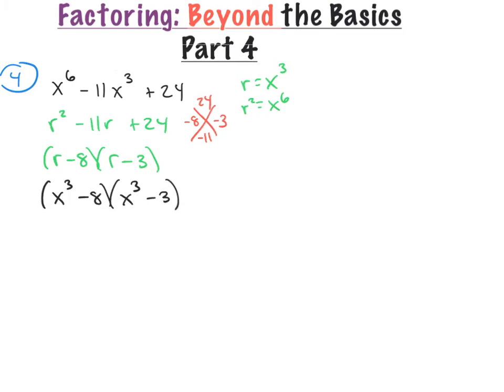A crucially important step. We can still factor in this problem because we have the difference of two cubes in technically both factors, but since I do know what number cubed gives me an 8, and I do not know what number cubed gives me a 3, I'm going to leave this x cubed minus 3 alone.